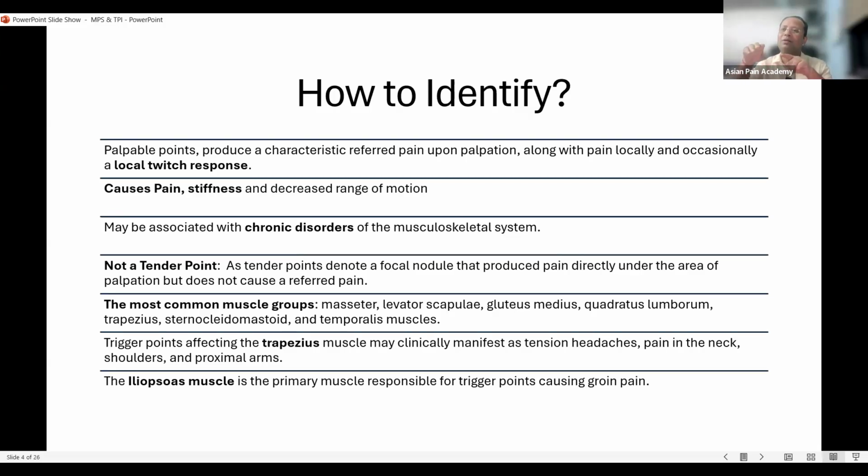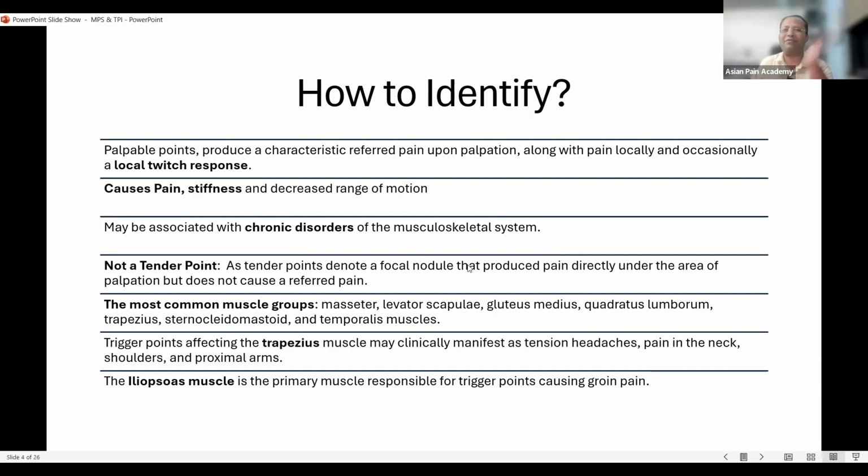It goes somewhere, not too much distance, say 2-3 centimeters, 2-3 inches. It refers, and you see the local twitch response. But when it is fibromyalgia and a tender point, the pain is there only, and it is not going anywhere.